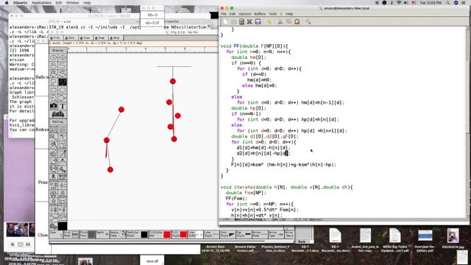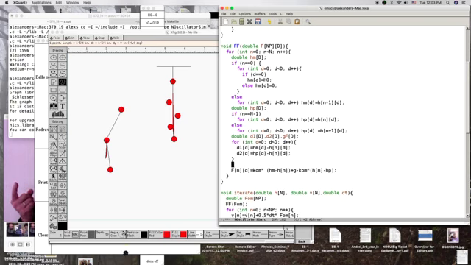Let's do it this way here as well: the particle that we're interacting with minus the current position. That is now the displacement vector, right? Now we want to find the magnitude of that, and the magnitude of the force, we say, is proportional to the displacement that we have.